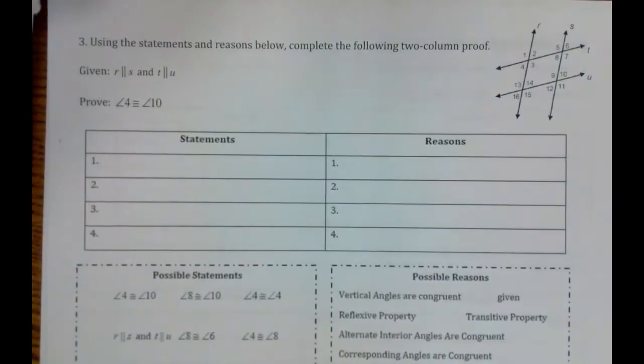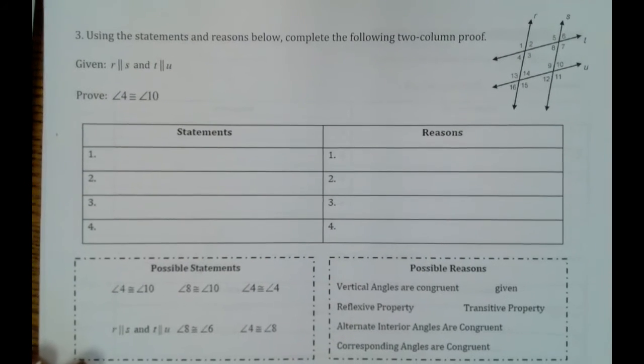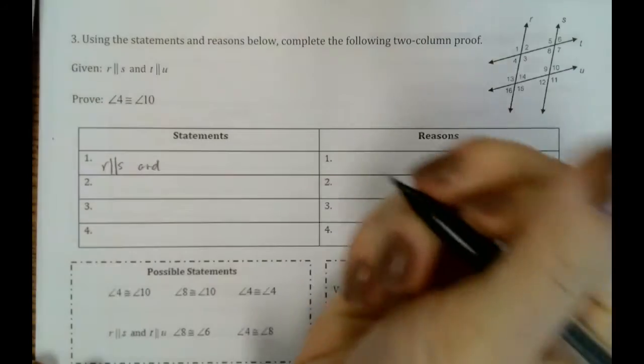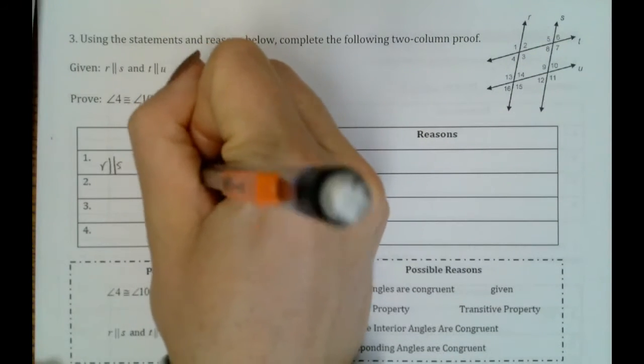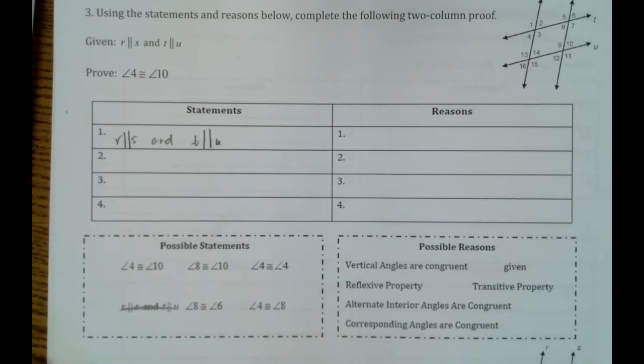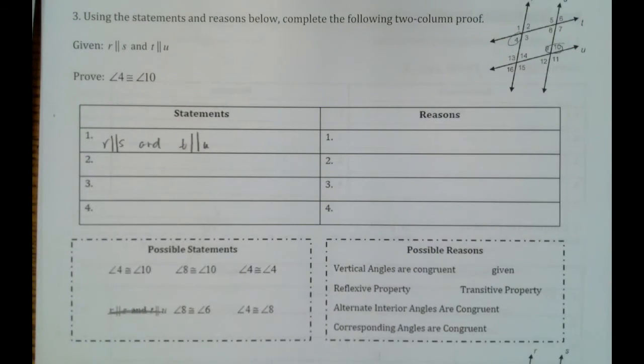Okay, let's take a look at number 3. Okay, this one again, we are given options, which is really nice. So the given is that R is parallel to S and T is parallel to U. And we're trying to prove that 4 and 10 are congruent.